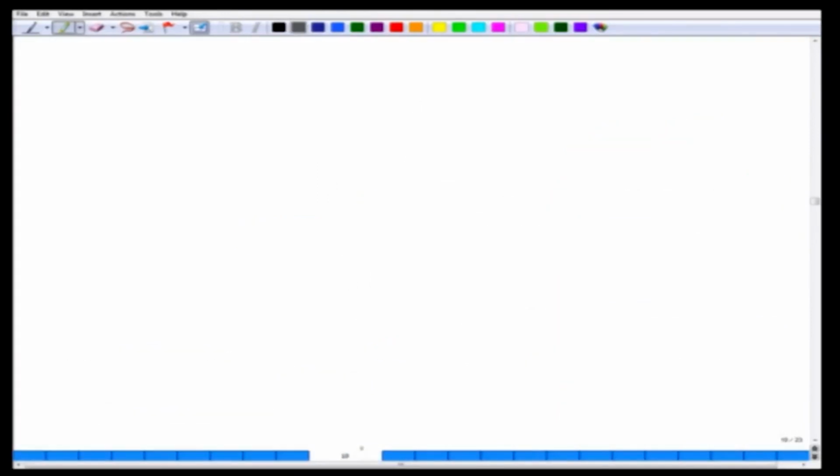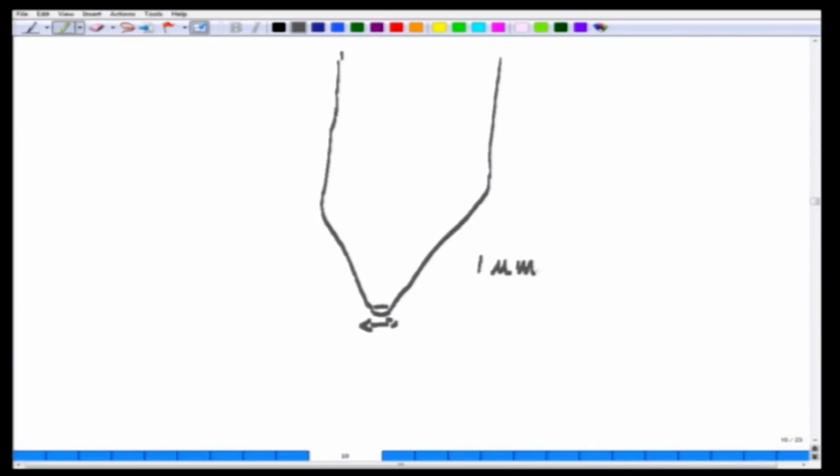Now, if you look at the diameter of these kinds of glass pipettes, they will be approximately around 1 micron or micrometer, or maybe 0.5 micrometer.